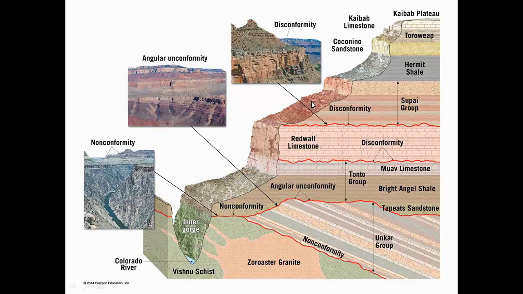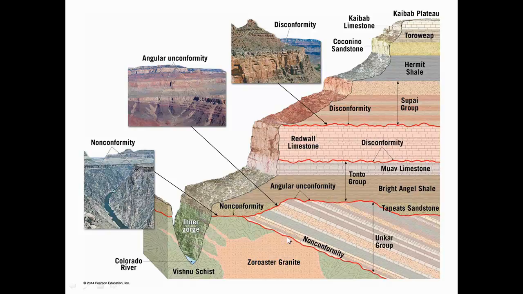Now, here we're looking at one side of the wall of the Grand Canyon, and here's the Colorado River at the very bottom, which is presently cutting through the Vishnu schist. And notice that the Vishnu schist, in turn, is intruded by the Zoroaster granite.